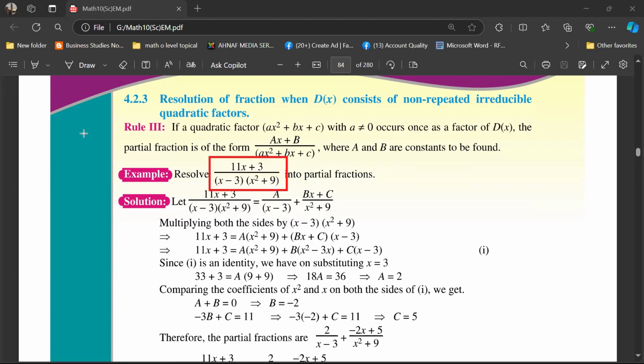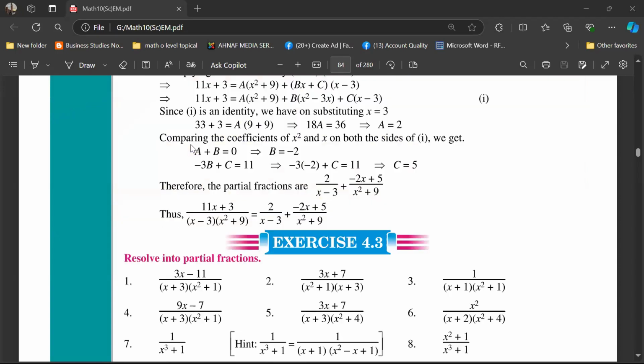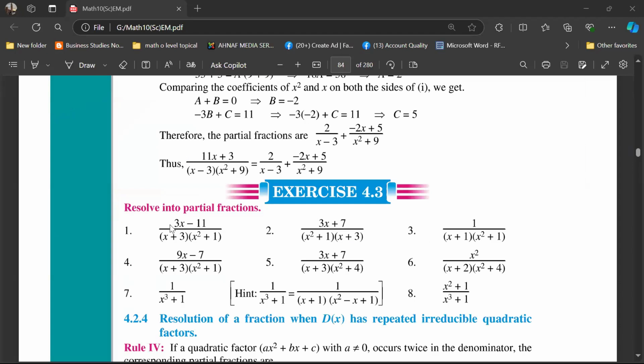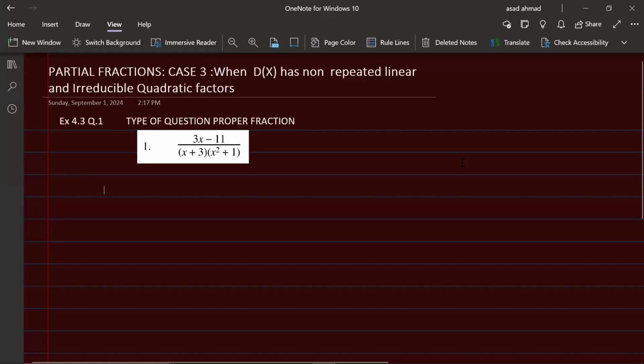So we will start exercise 4.3 and its first question, that is 3x minus 11 over x plus 3 and x square plus 1. Let's begin to find the solution of such type of equations.